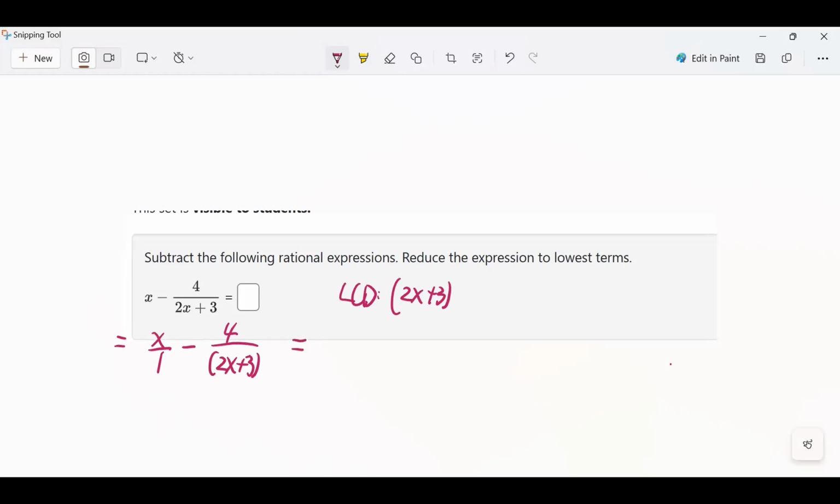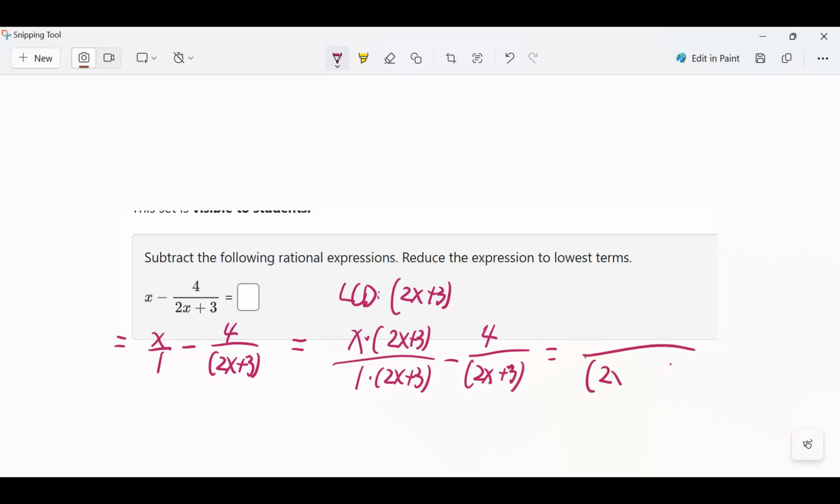Then for the first fraction, we multiply both top and bottom by 2x plus 3. Second one, just simply carry over from the previous step. And LCD, right? Your LCD is keep as is.